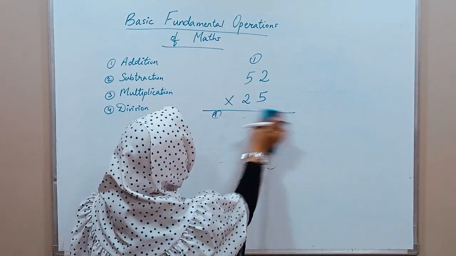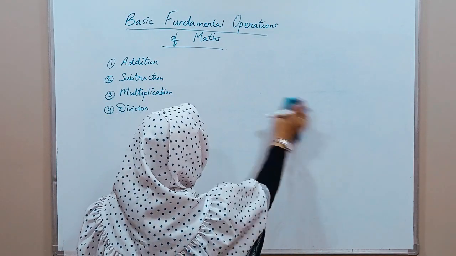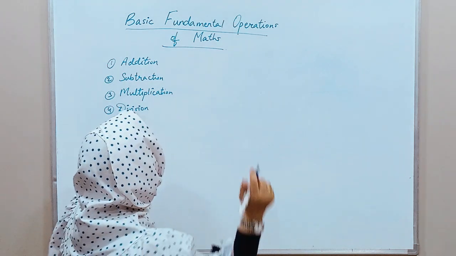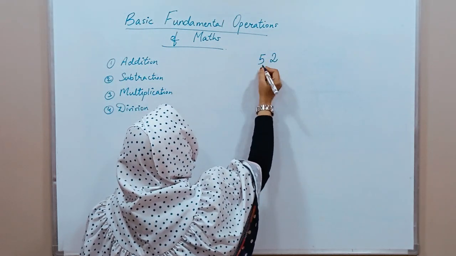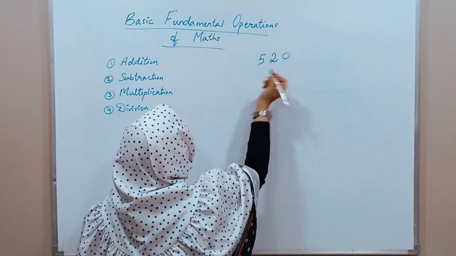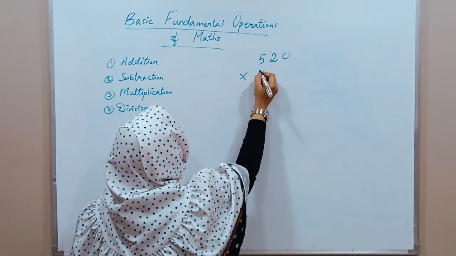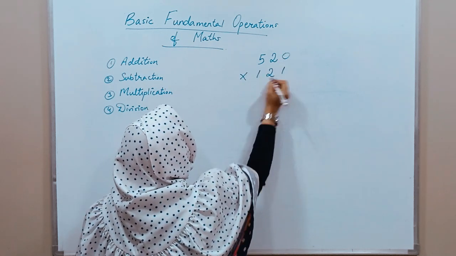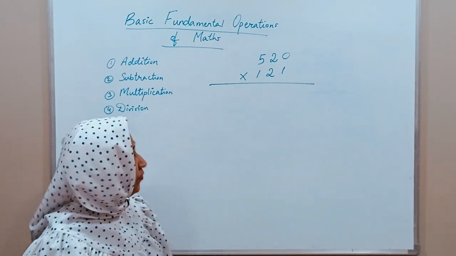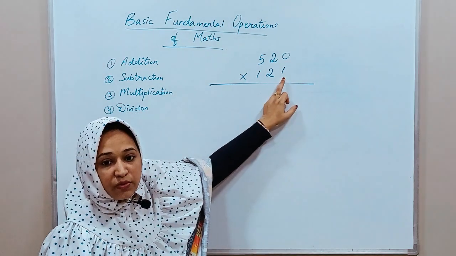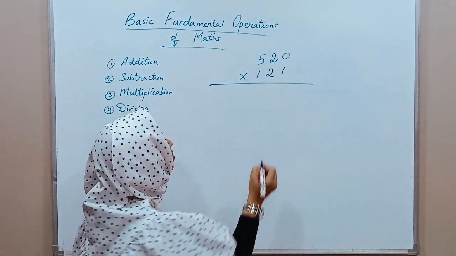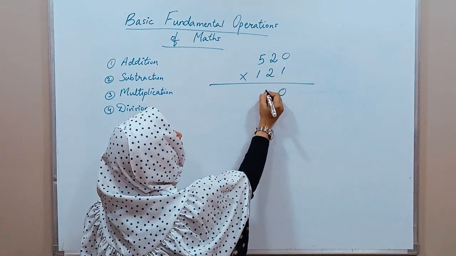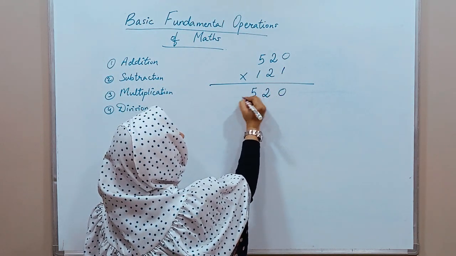Let us take one simple example and understand. Suppose we have a number 520 into 121. Okay, so starting with 1, you will first multiply 520 into 1. So 1 into 0 is 0, 1 into 2 is 2, 1 into 5 is 5.